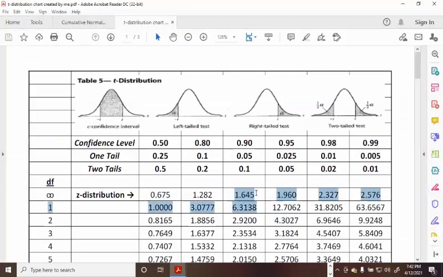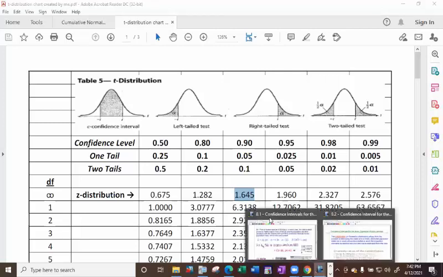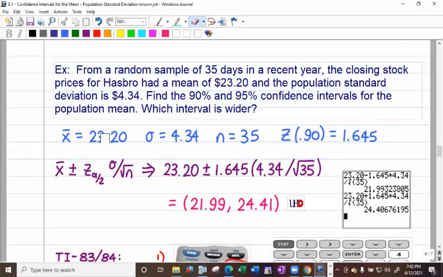So someone doing it by this method wouldn't have to do the inverse norm thing, or even the table lookup, because they can get it right from there. Okay. Times the standard deviation of 4.34 divided by square root of 35.